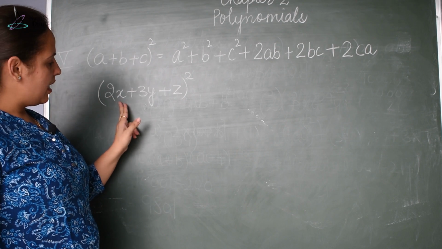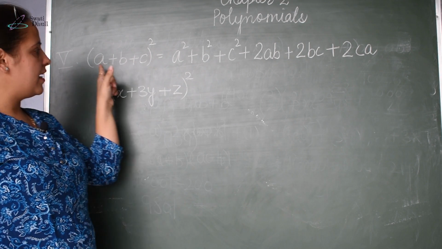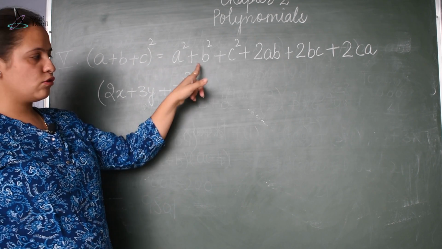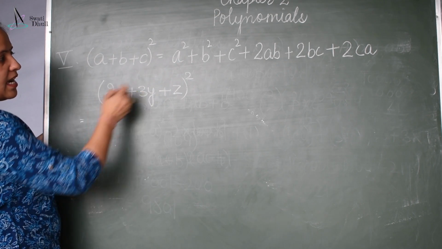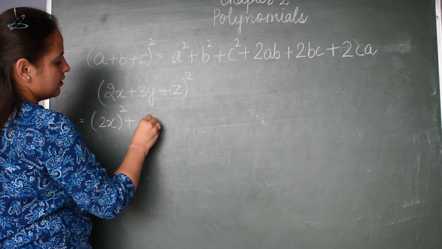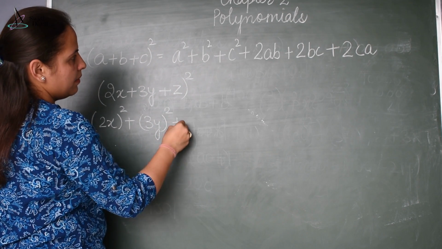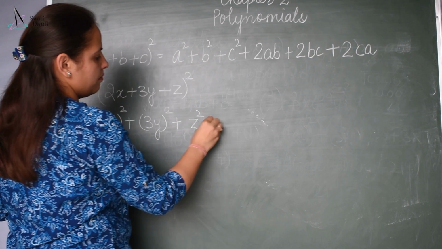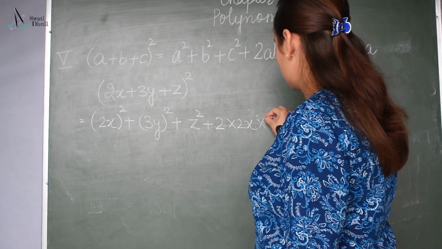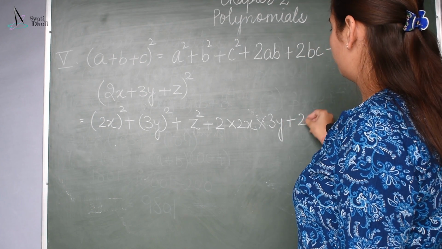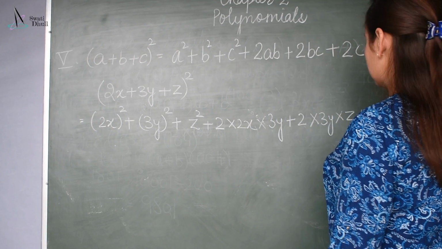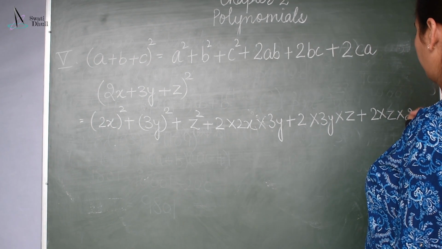This is of the form (a + b + c) whole square. In place of a I have 2x, in place of b I have 3y, in place of c I have z. So it can be written as a square, that means (2x) square, plus b square is (3y) square, plus c square is z square, plus 2ab, a is 2x, b is 3y, plus 2bc, b is 3y, c is z, plus 2ca, z into 2x.